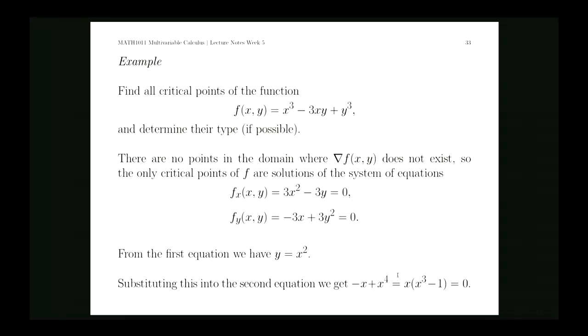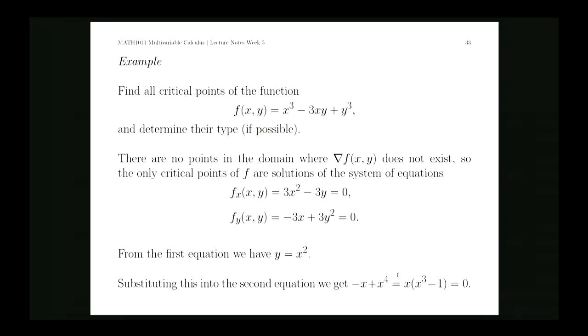What have we got here? The first equation is basically saying y equals x squared, and the second one is saying x equals y squared. So you have to solve those two carefully. Here I've plugged y equals x squared from the first one into the second one, so the second one basically becomes minus x plus x squared all squared equals 0, getting rid of that common factor of 3.